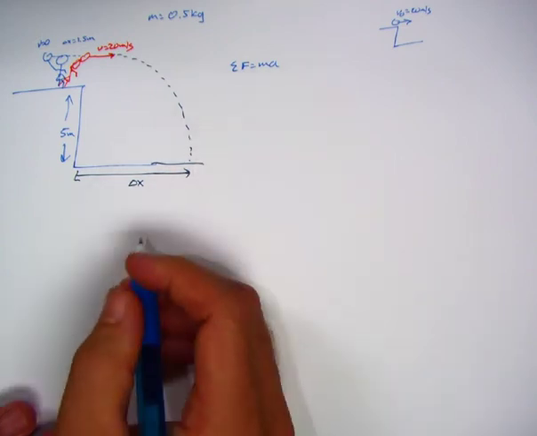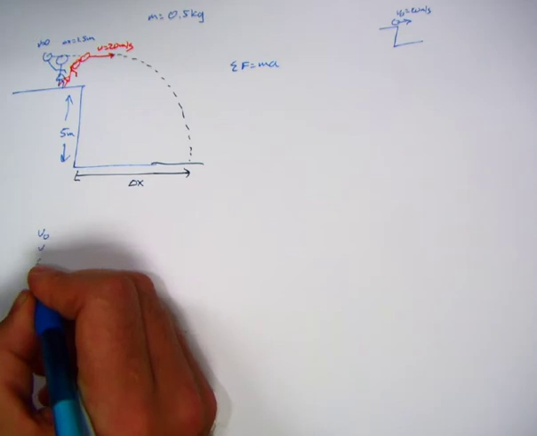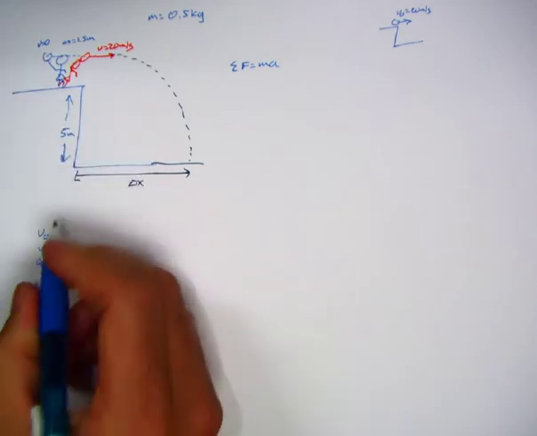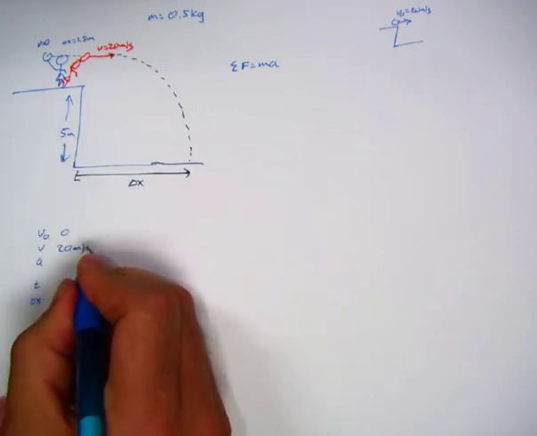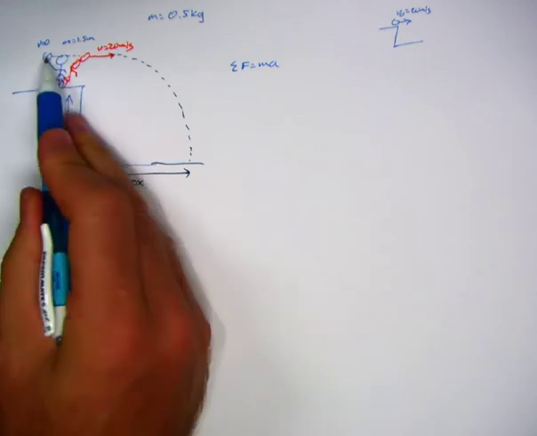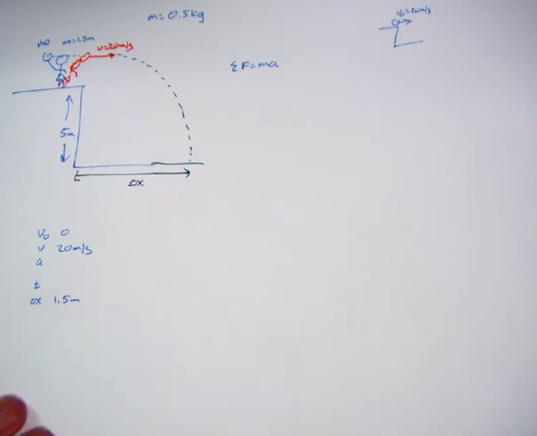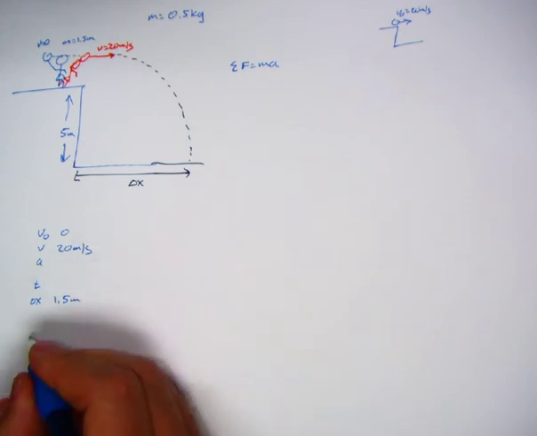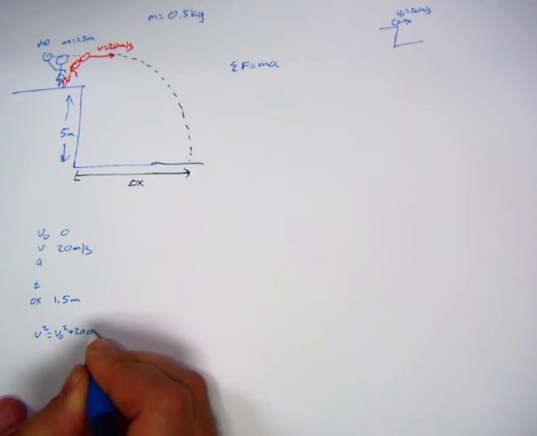So in this case I'm going to start with my variables, v0, v, t, delta x. I know I'm starting with an initial velocity of 0, and I'm ending with 20 meters per second, and that distance is 1.5 meters that I'm able to move the ball while I'm throwing it. If I know these guys, I can actually find the acceleration, right? v squared is v0 squared plus 2a delta x.